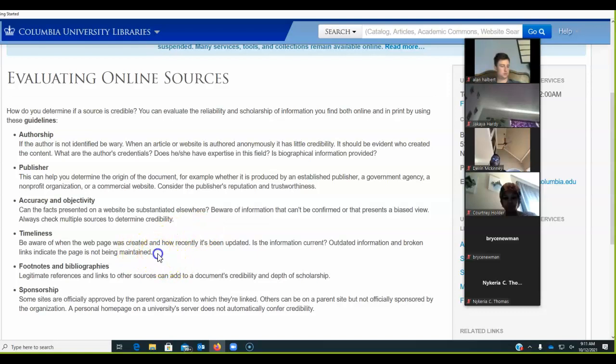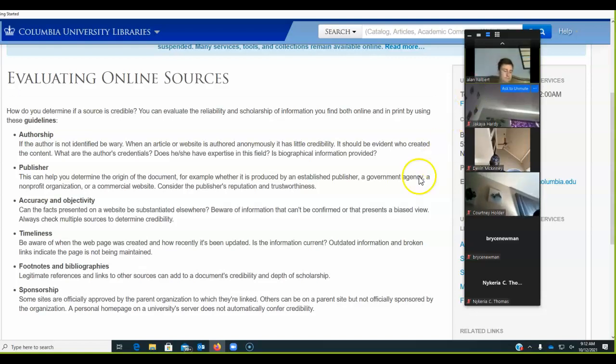Awesome. Now, let's see. Bryce, can you read to us about timeliness? Alan, can you read to us about timeliness? Be aware of when the web page was created, and how recently it's been updated. Is the information current? Outdated information or broken links indicate the page is not being maintained. Great, thank you.